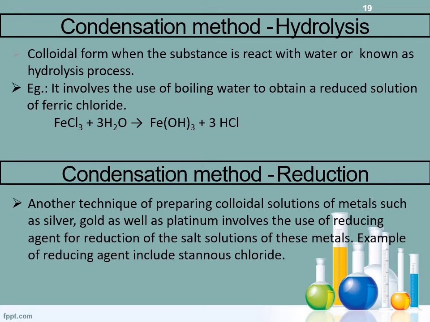A colloidal solution can be formed when a substance reacts with water, and we can say this is a hydrolysis process. For example, the use of boiling water to obtain a colloidal solution of ferric chloride.